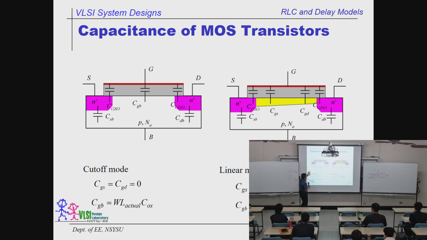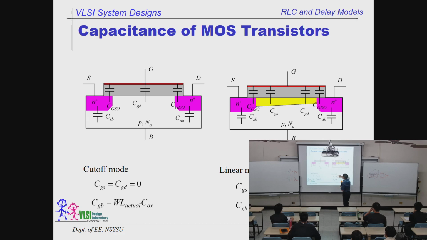Unfortunately, these 6 parasitic capacitances are different in these 3 modes. This is for cutoff. When in cutoff, there is no CGS, no CGD, and the gate to bulk is W times L, the area, times the constant C oxide.